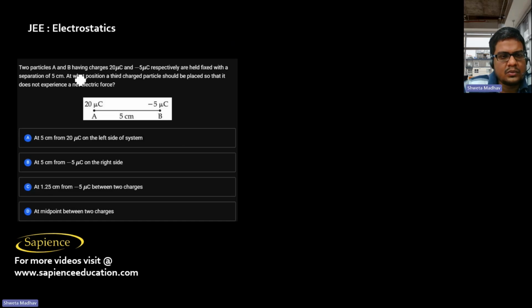Then here it is told, two particles A and B having charges 20 microcoulomb and minus 5 microcoulomb respectively are held fixed with a separation of 5 centimeter.